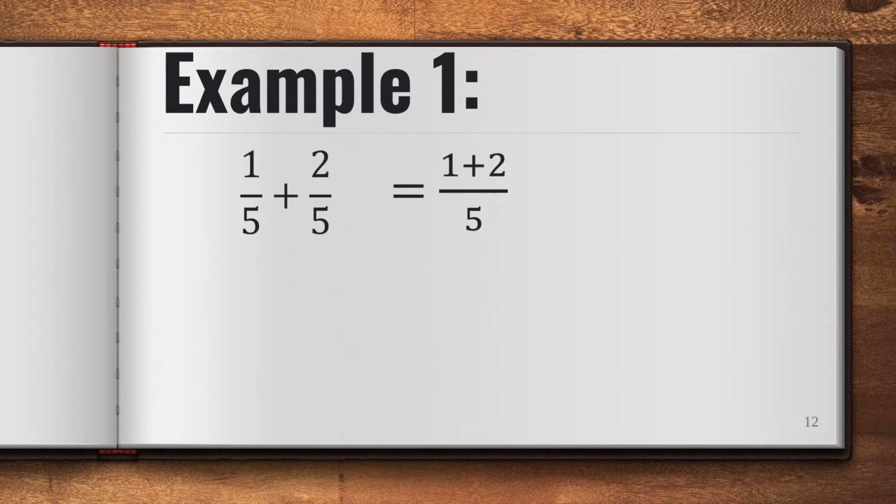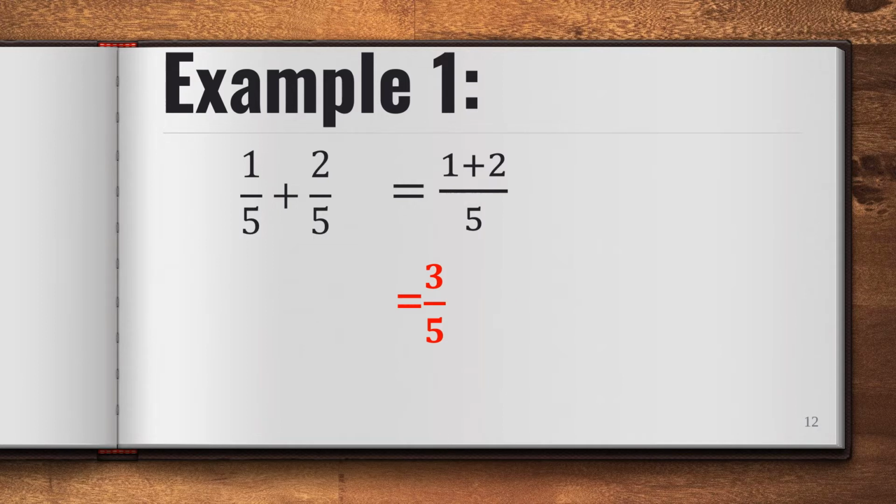Applying the rule, we add the numerators 1 and 2, so we have 1 plus 2 all over 5, because we just copy the denominator. Simplifying, 1 plus 2 is equal to 3, and we copy the denominator. Therefore, the sum of 1/5 plus 2/5 is 3 over 5.